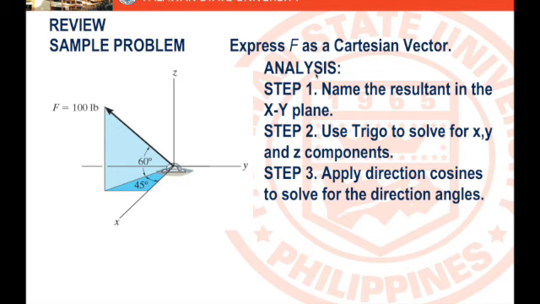So our first step is to name that resultant, and step 2, we will use trigonometry to solve for x, y, and z components, and that is made possible since we are given the angles. We just have to do it one plane at a time, and we will start with the xy plane.